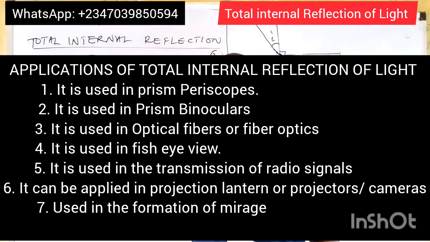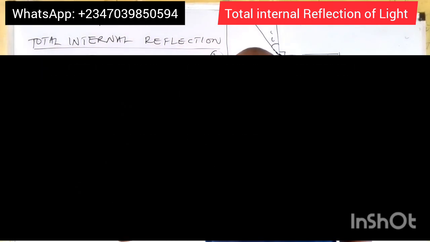Because the fish is in water, refraction takes place there, and that is why it is applied in a fish eye view. It is also applied in the transmission of radio signals. It can also be applied in projection lanterns and cameras. Then, finally, it can be applied in mirages.